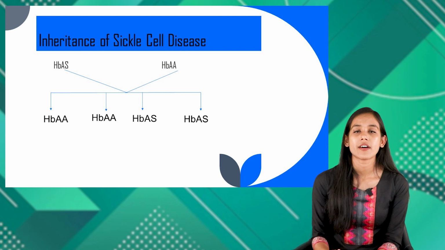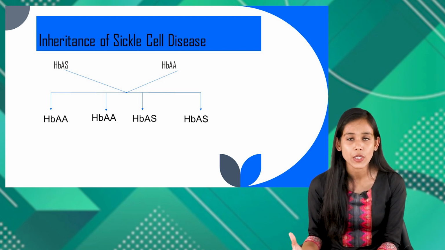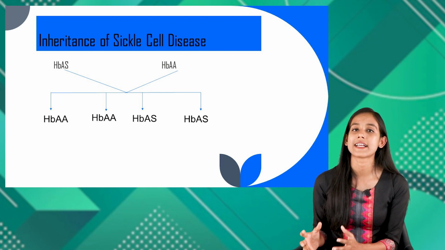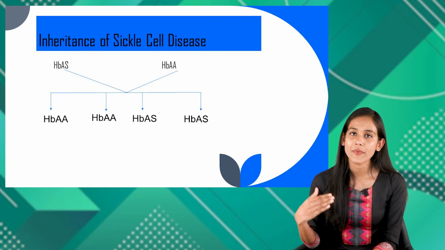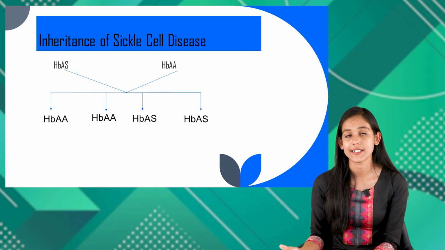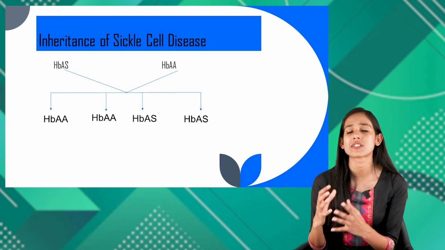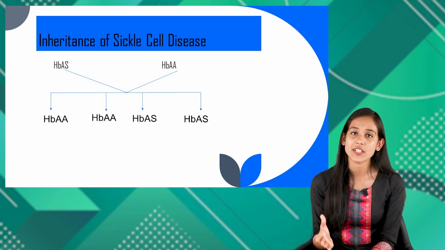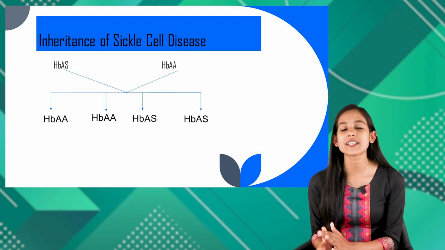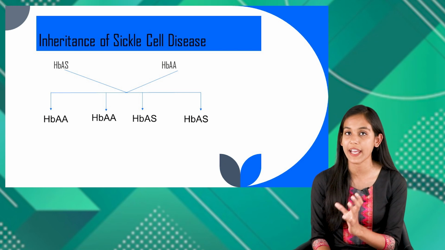Here, if we have a parent who is a carrier, whom we can call sickle cell trait, in the carrier the gene will be HbAS. And then we have a parent who is completely healthy, having HbAA. So here there is a 50% chance that the child will get one copy of HbAS.